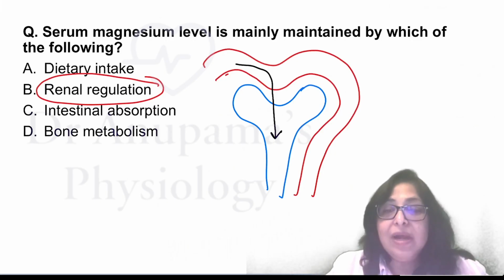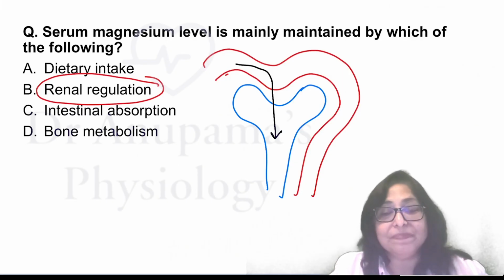Now, all electrolytes, sodium, potassium, chloride, bicarbonate, calcium, are mainly absorbed in the PCT. 60% or 2/3 of these electrolytes will be reabsorbed in the PCT, except in the case of magnesium. The maximum magnesium reabsorption occurs in the thick ascending limb.